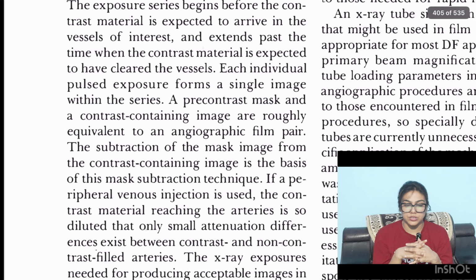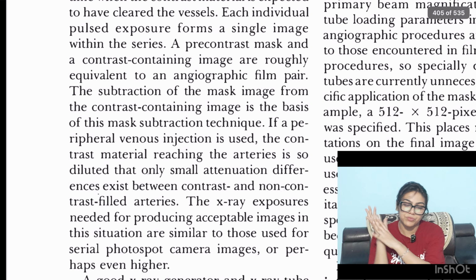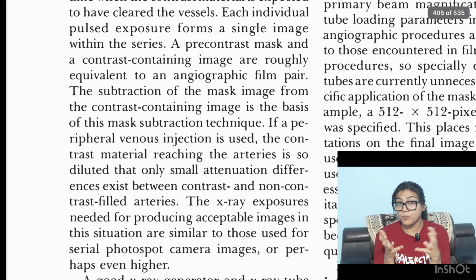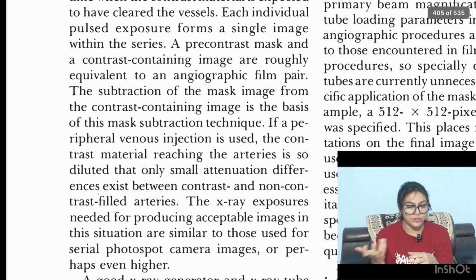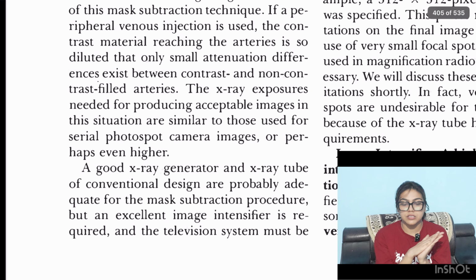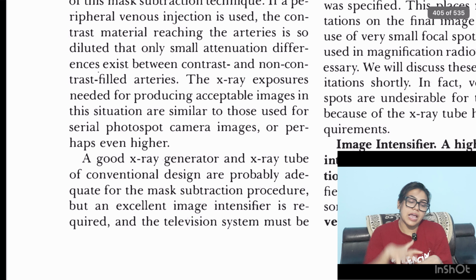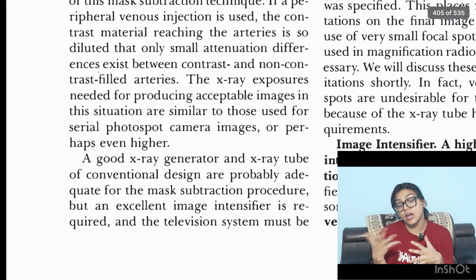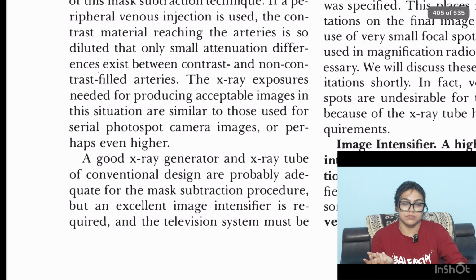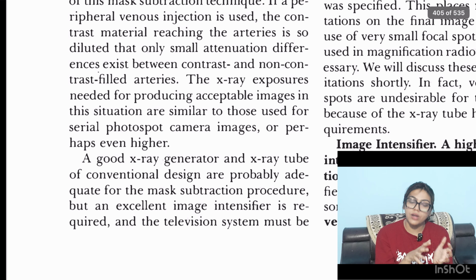This situation will be similar to those used for serial photo spot camera images, or perhaps even higher. A good X-ray generator and a good X-ray tube of conventional design are probably adequate for the mask subtraction procedure. But an excellent image intensifier is required, and the television system must be of higher quality than normally needed for routine fluoroscopy.